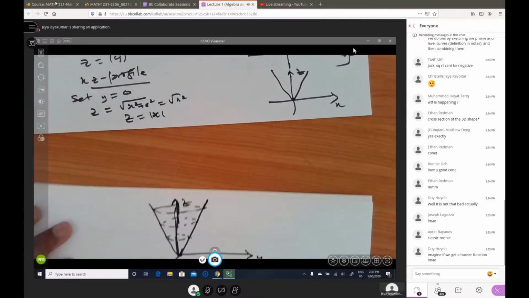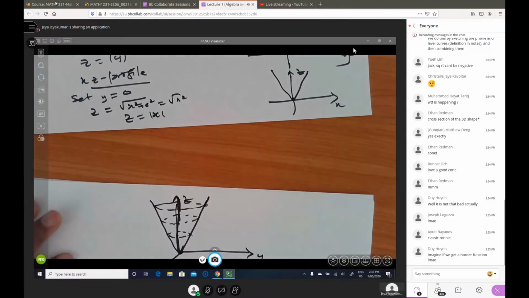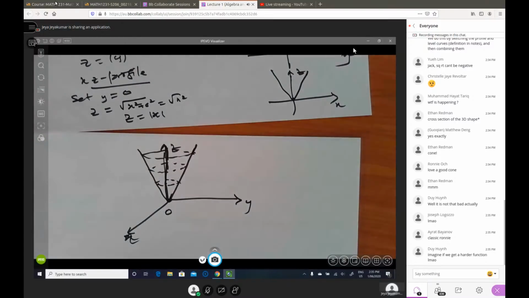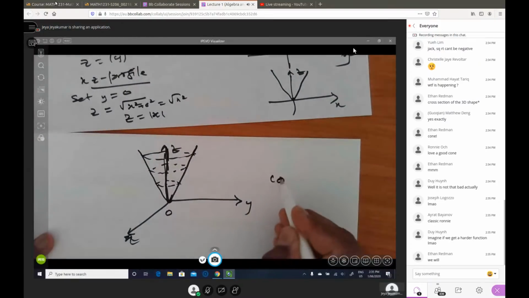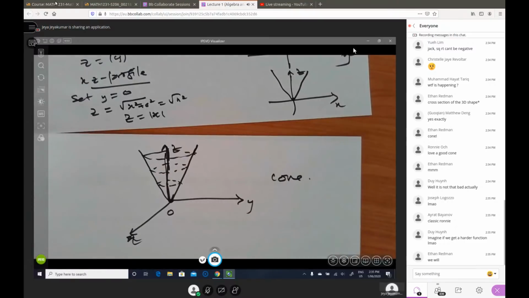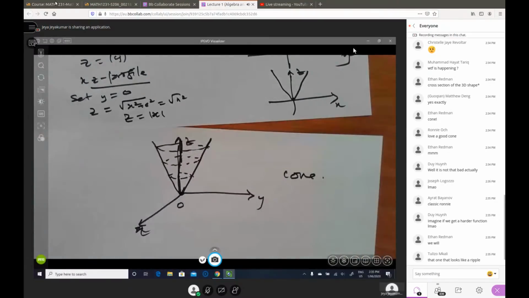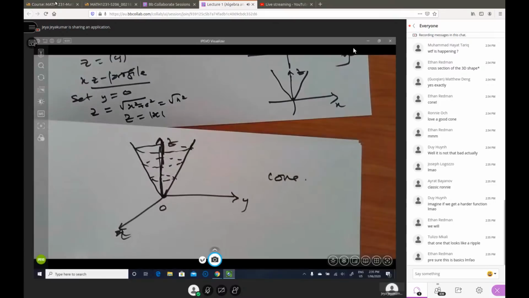So that gives you a cone. Okay, you take the square root, you get a right circular cone. All right, so let's look at more examples.